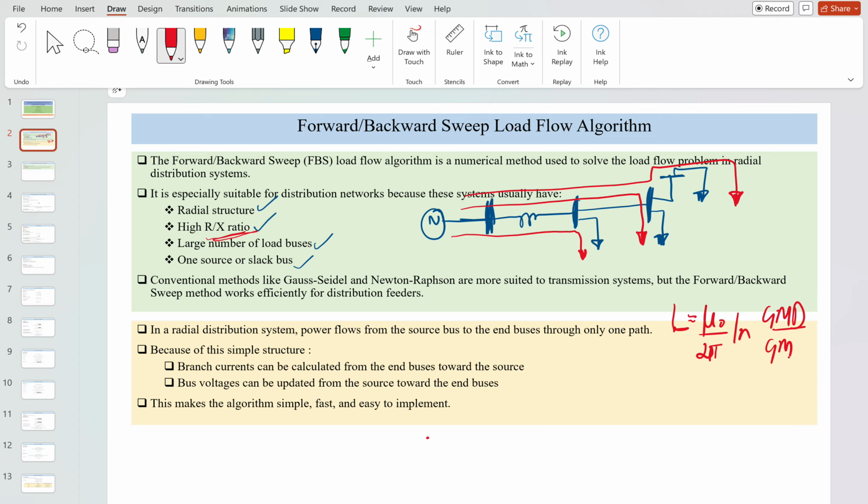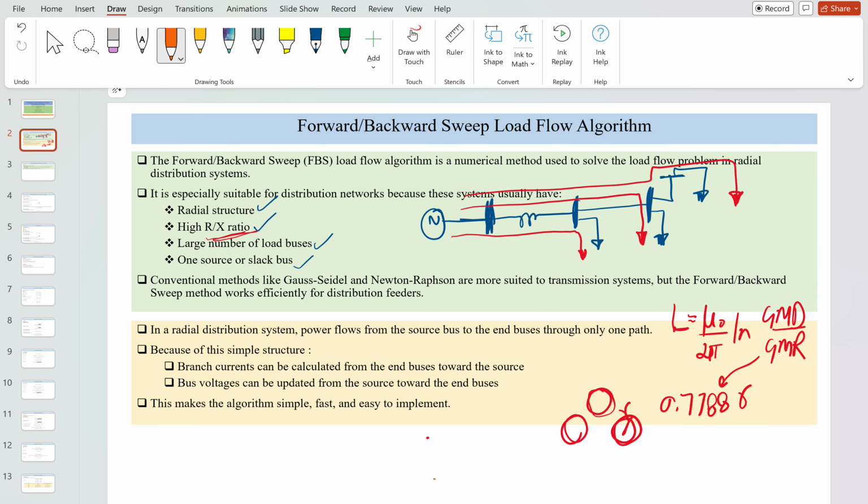GMR is basically represented as 0.7788 times r, if you know the basic electrical concept. Inside the distribution network there will be multiple conductors, so for this three phase network you have three conductors, each of radius r.